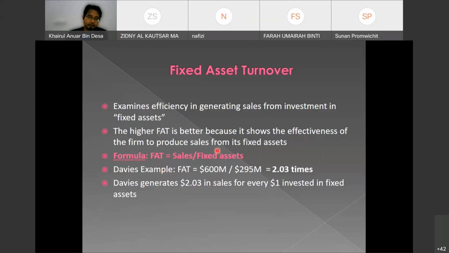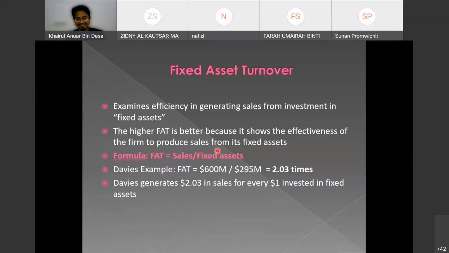Our company looks effective when our lori sentiasa bergerak. Okay. Lori A balik, lori B keluar. Lori D balik, lori F keluar. Ada saja lori yang keluar, ada saja lori yang balik. Meaning that the truck is really effective. That's how we use our asset.